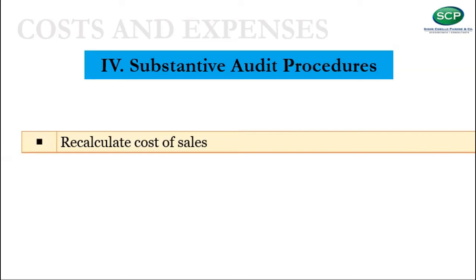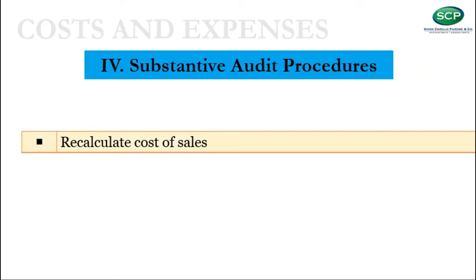But to simplify yung training natin, we will assume that our client is a retail company. The cost of sales of a retail company is linked to inventory. Hence, the audit of the cost of sales should be done simultaneously with the audit of the inventory account.